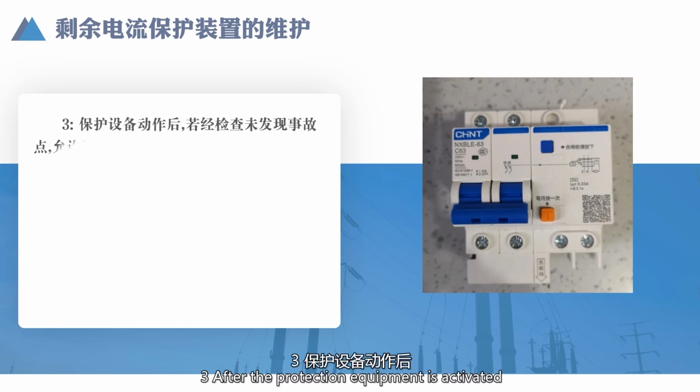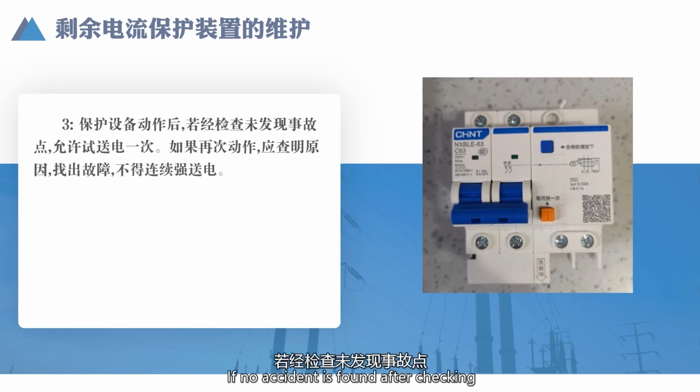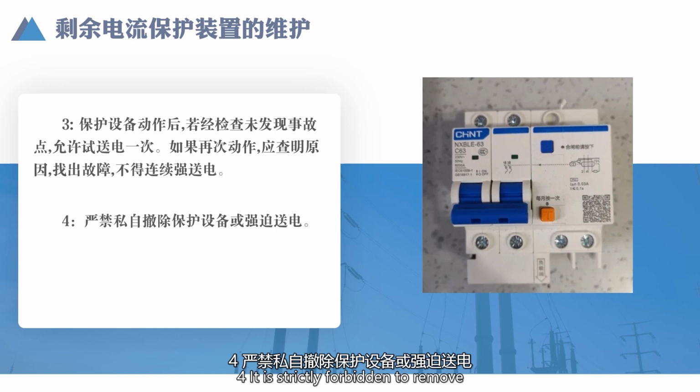3. After the protection equipment is activated, if no accident is found after checking, you are allowed to test the power supply once. If it operates again, the cause should be found. Find the fault. Do not force the power supply continuously, for it is strictly forbidden to remove the protective equipment or force the power supply without authorization. This point also needs to be emphasized.